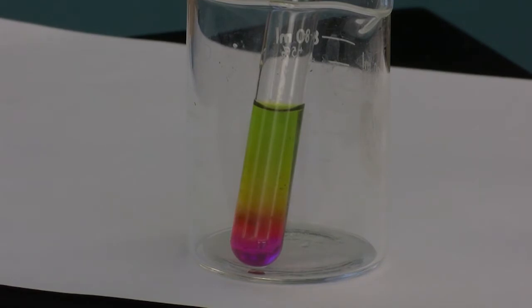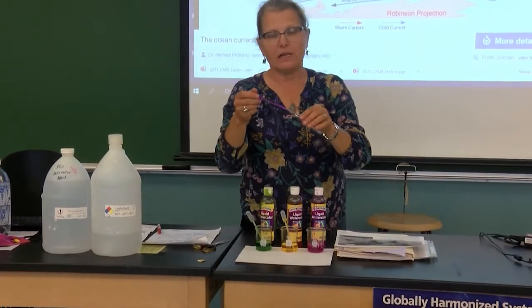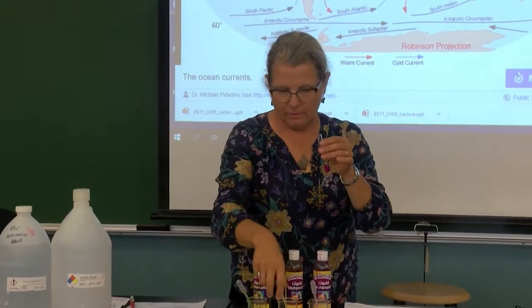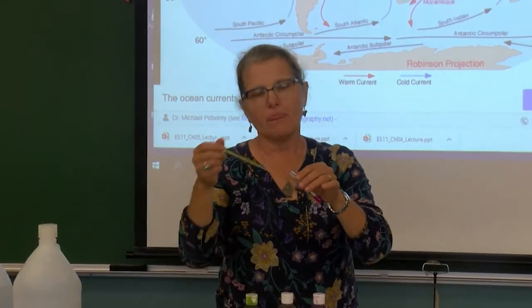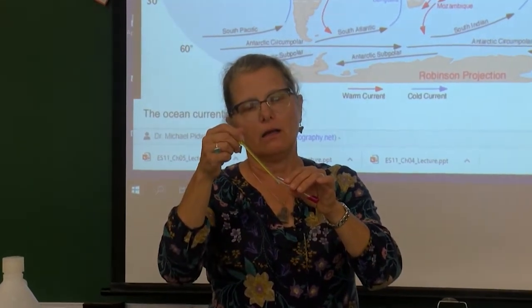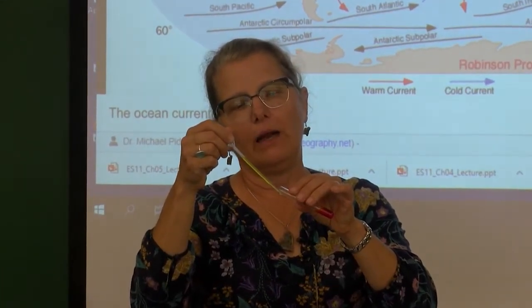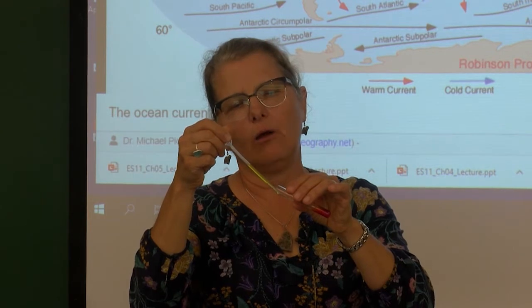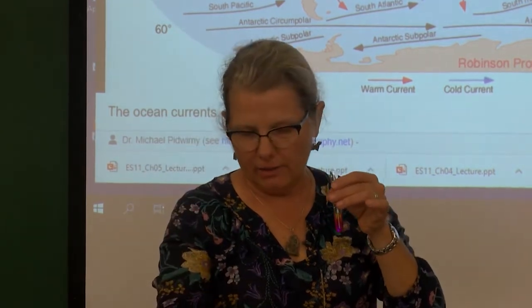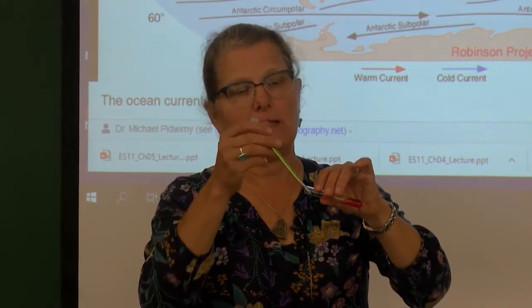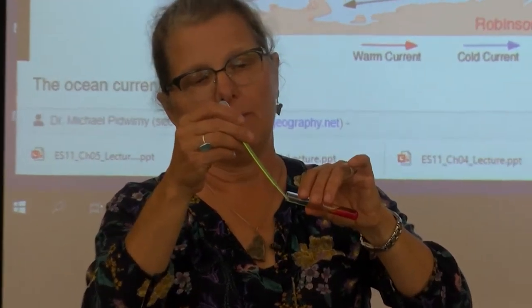Let's do another one where we actually put the 100% saturated in first. And then the 50. And again, you want to kind of put it in slowly. You don't want to smash it in there. And then let's put the tap water, which is not salty at all, on top.